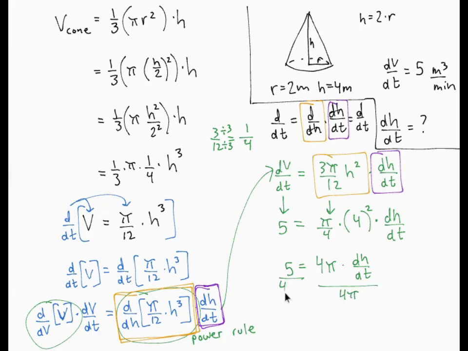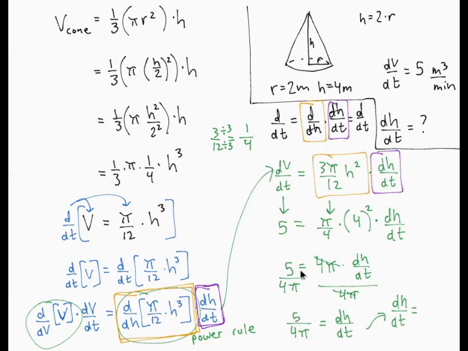Divide both sides by 4 pi. Then we get dh over dt equals 5 over 4 pi, which when we plug into the calculator will get approximately 0.398.